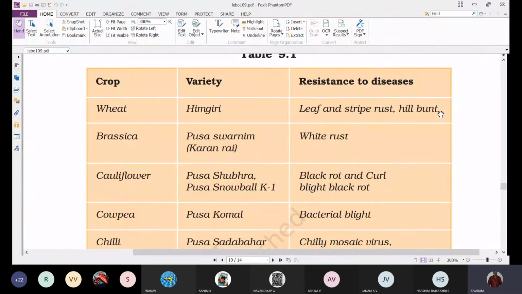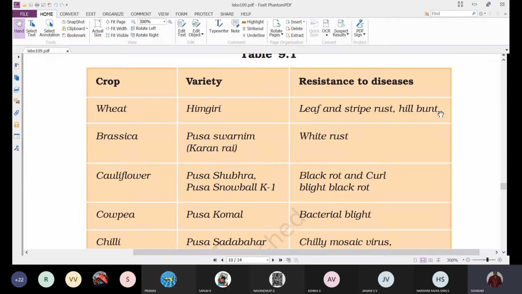In the same manner, in brassica, that is mustard, we have developed a variety called Pusa Swarnim. It is also named Karan Rai.